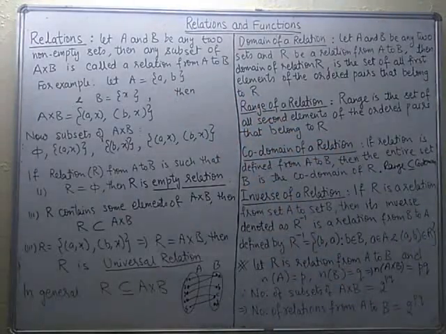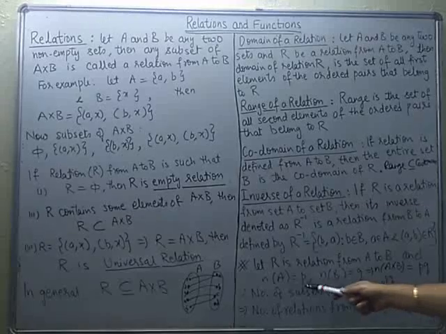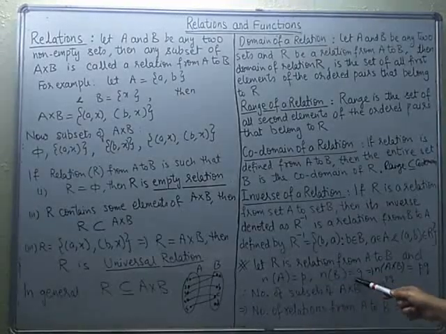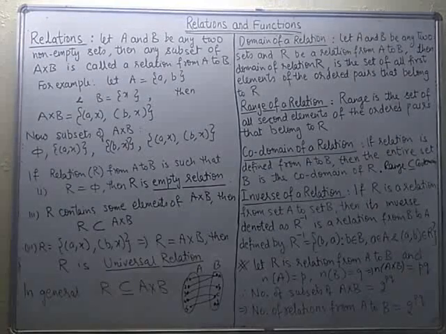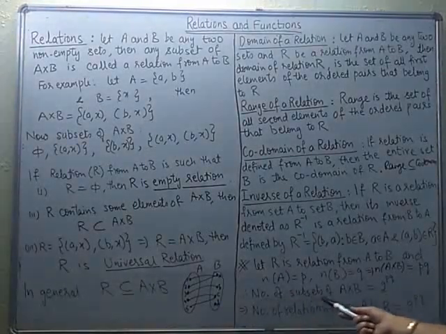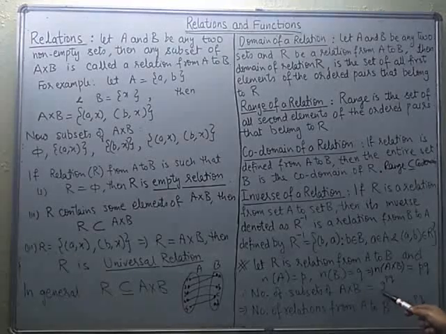So A cross B is having 2 into 1, which is 2 only. So if A is having P elements, B is having Q elements, then A cross B will have PQ elements. Now once you know how many elements are there in A cross B, we can tell the total number of subsets in A cross B. Total number of subsets will be 2 to the power PQ.